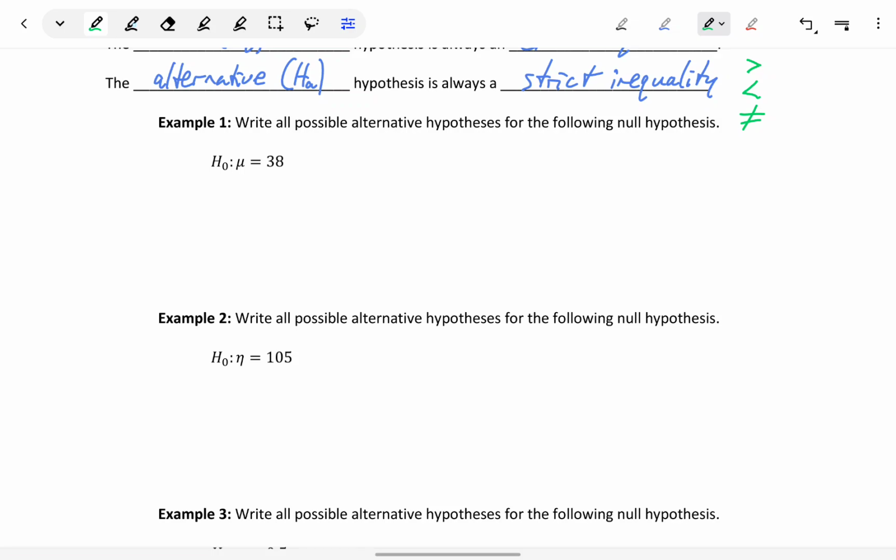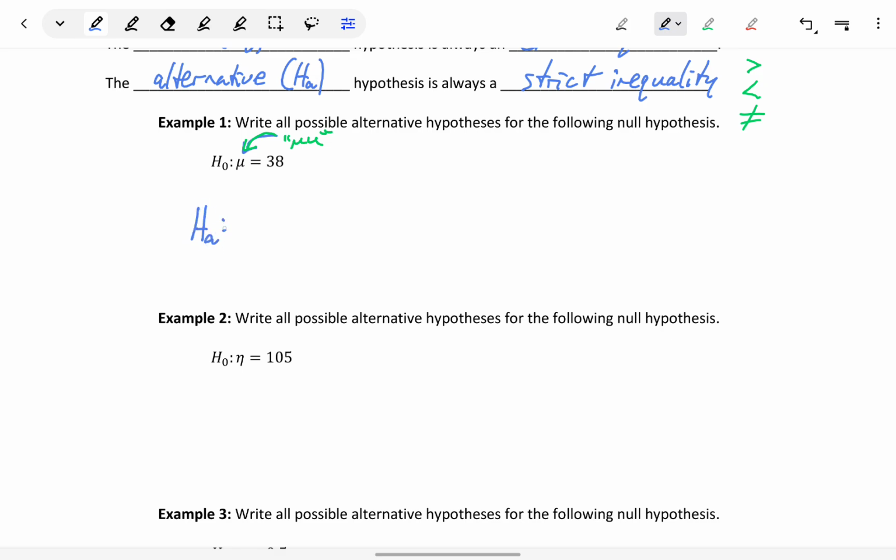In example 1, we want to write all possible alternative hypotheses for the following null hypothesis. So we have a null hypothesis that states that the population mean, represented by mu, is equal to 38.